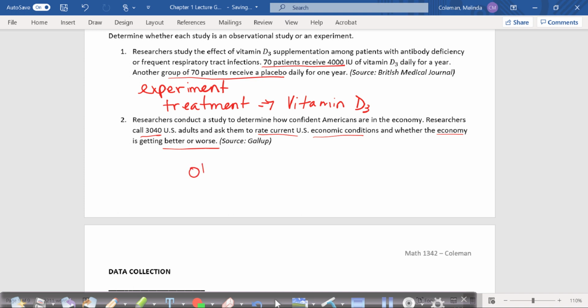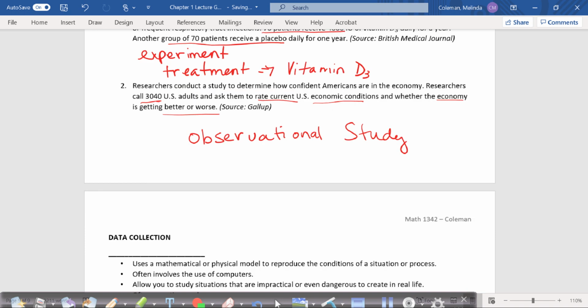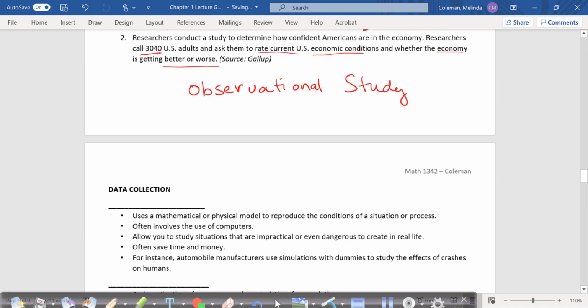So this would be an observational study. You don't have a control group. You're not performing an experiment on treatments. Instead, you're just looking at answers that people give you. A lot of statistics are based on that, like election results, and making predictions based on that.